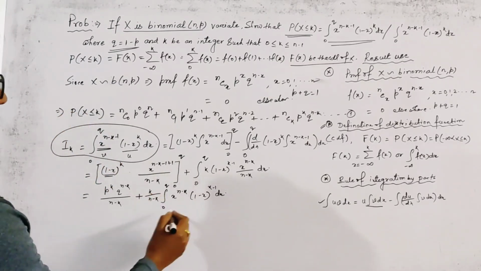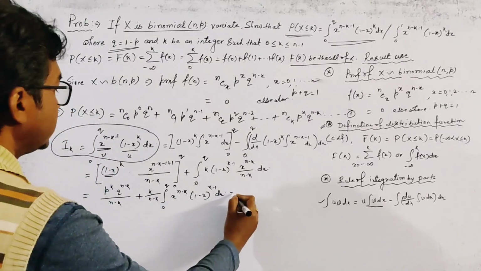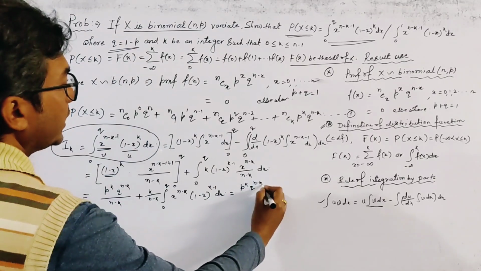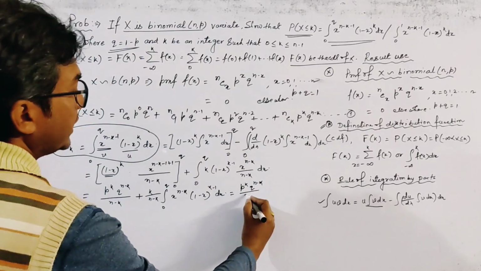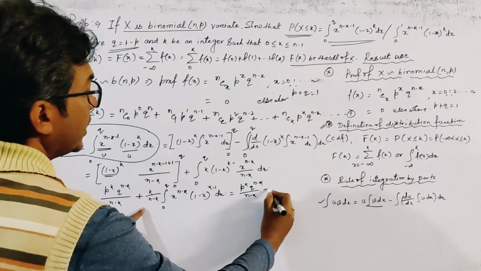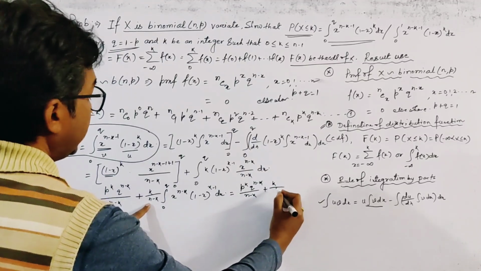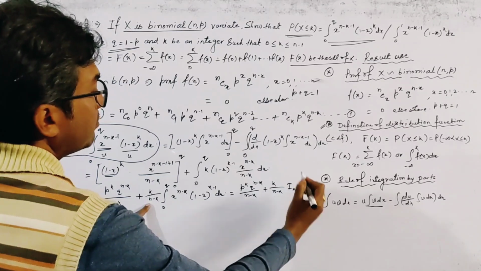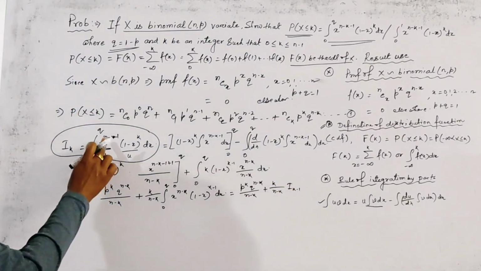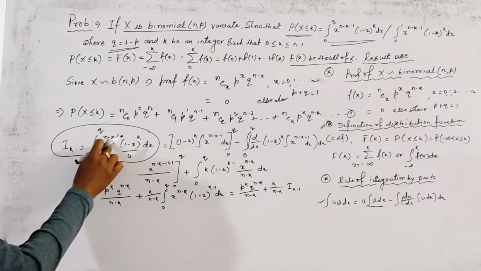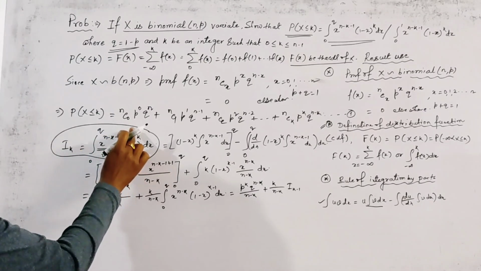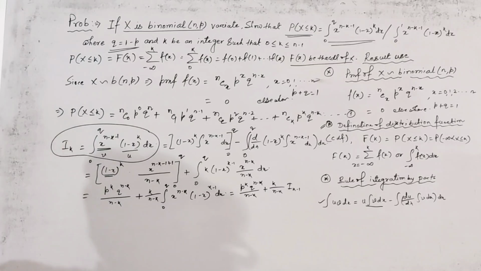So we write this term as p to the power k and q to the power n minus k by n minus k, plus k by n minus k into I_{k-1}. If we put k minus 1 in place of k, then this is x to the power n minus k, and this is (1 minus x) to the power k minus 1 dx.